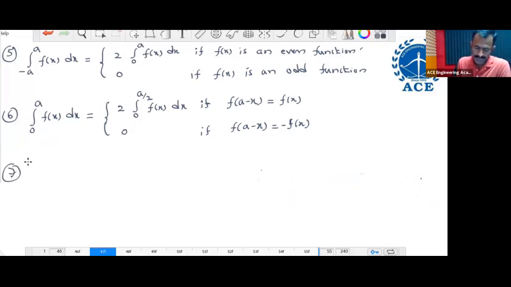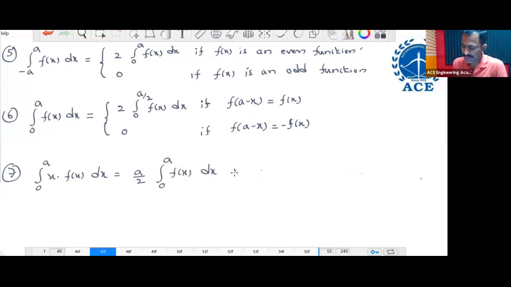Next, 7th one. Integral 0 to a x into f of x dx equal to a by 2 into integral 0 to a f of x dx, if f of a minus x equal to plus f of x.